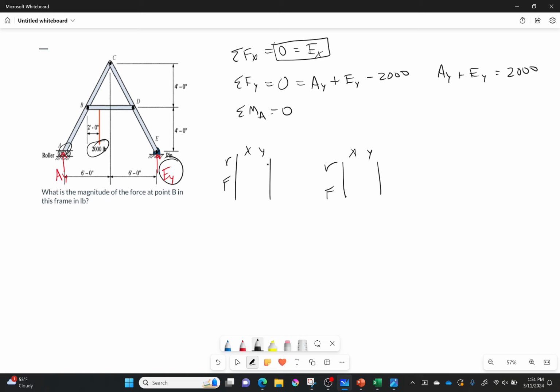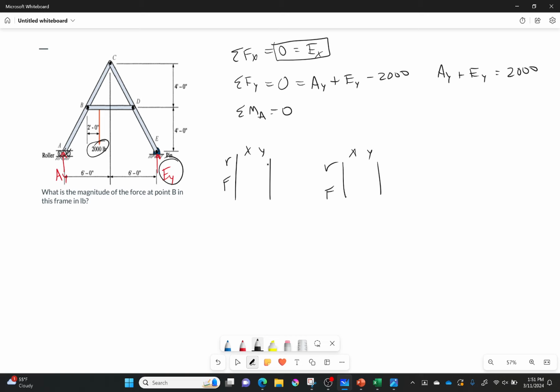I take a point, draw a line from where I'm taking the moment, and then turn in the direction of the force. That tells you if it's clockwise or counterclockwise. That one turned clockwise, so it's clockwise. Then you get to decide whether clockwise is positive or negative. This method, though, does all that for you. You don't have to guess which one's positive or negative. It'll just always make counterclockwise positive.